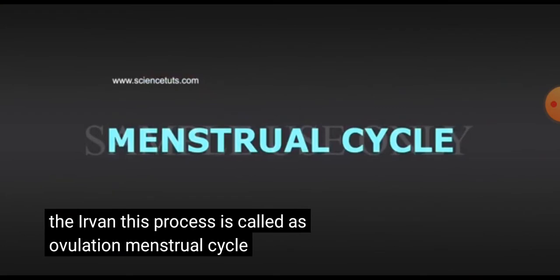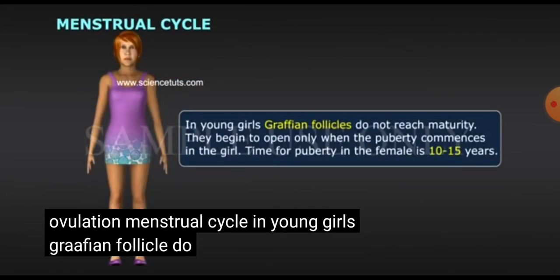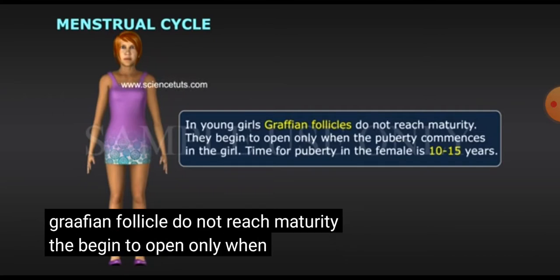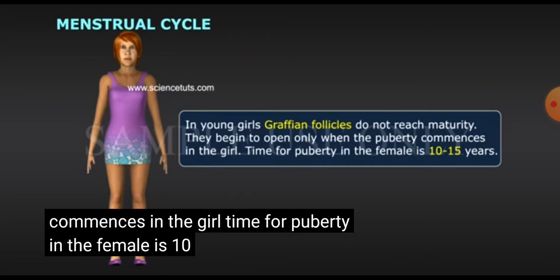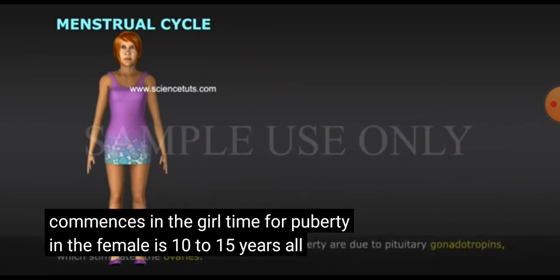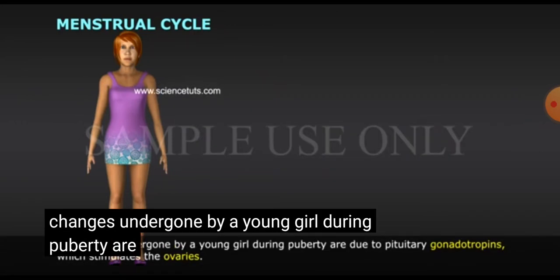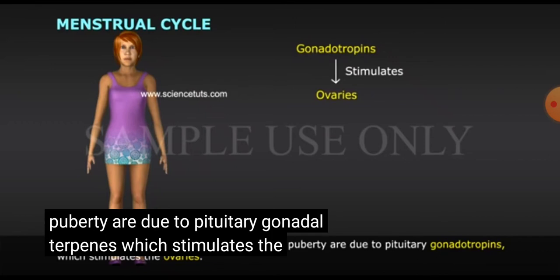Menstrual cycle. In young girls, Graafian follicles do not reach maturity. They begin to open only when the puberty commences in the girl. Time for puberty in the female is 10 to 15 years. All changes undergone by a young girl during puberty are due to pituitary gonadotropins, which stimulates the ovaries.